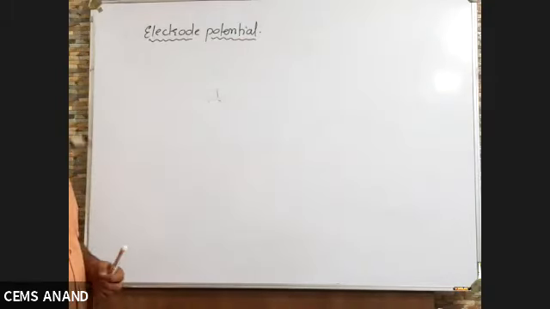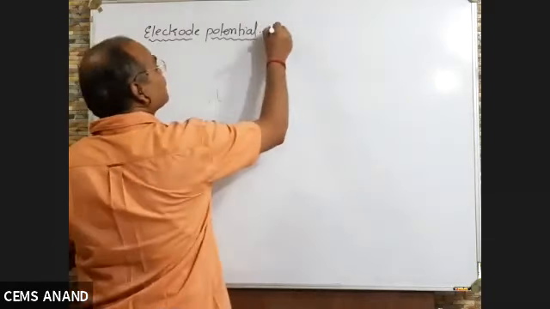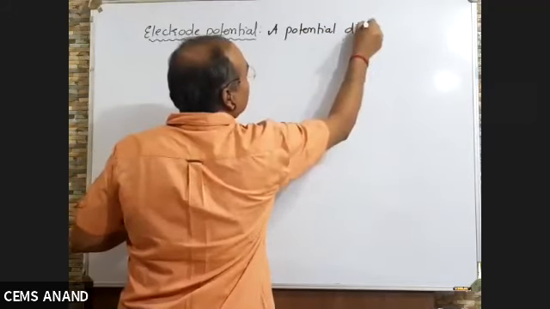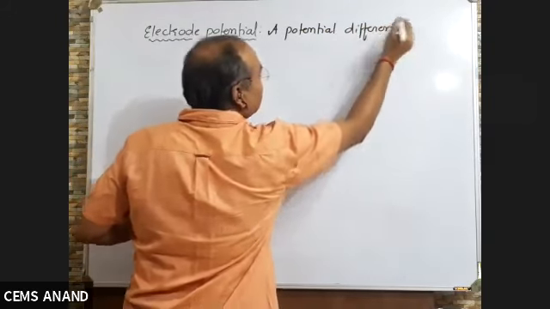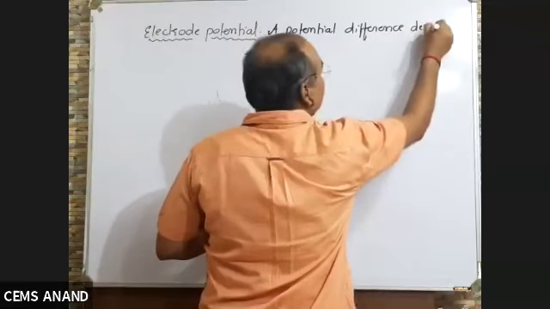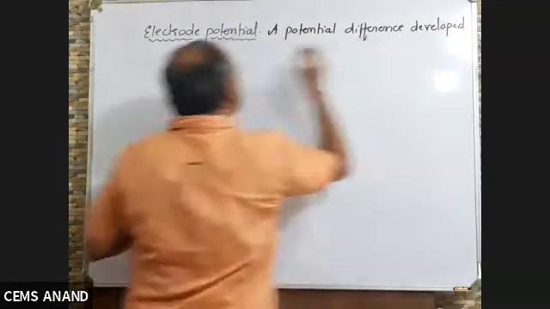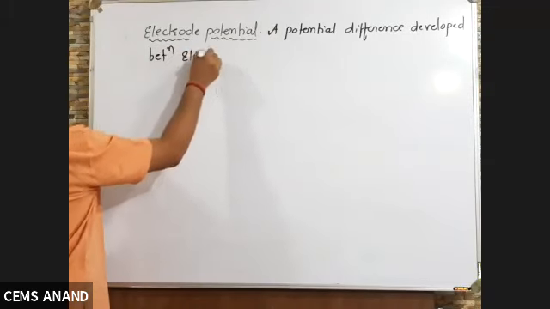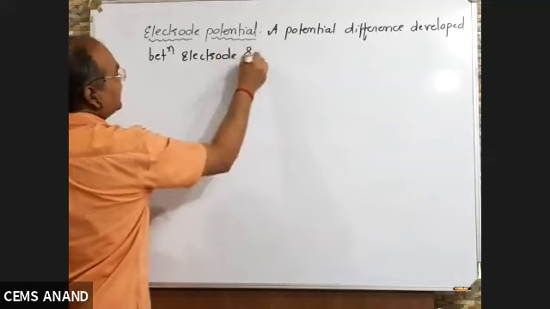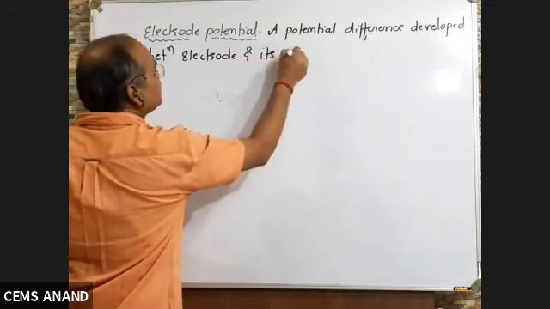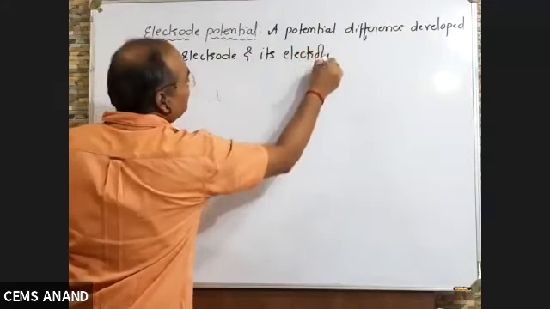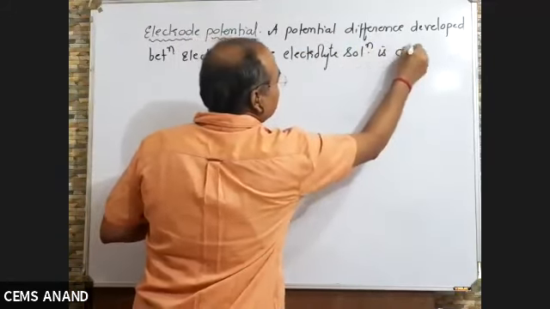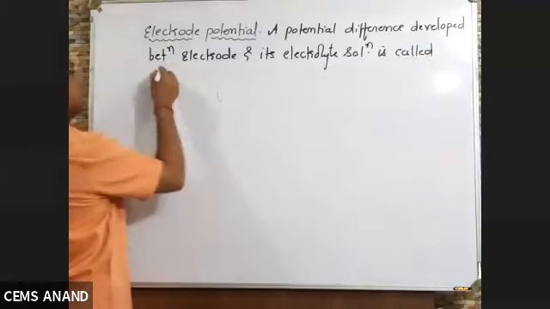A potential difference developed between electrode and its electrolyte solution is called electrode potential.